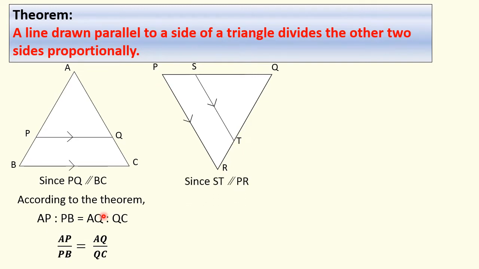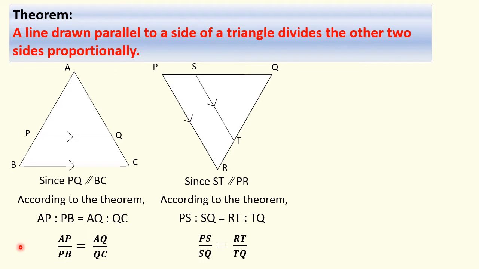Since ST is parallel to PR, according to the theorem, the ratio of the divisions of the other two sides, PS is to SQ, equals RT is to TQ.